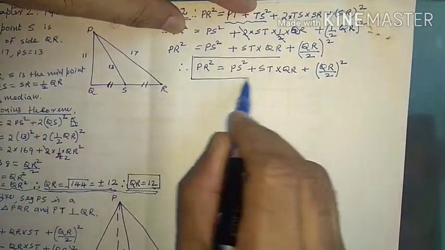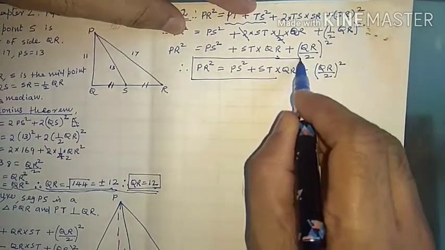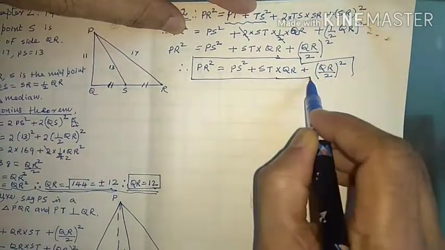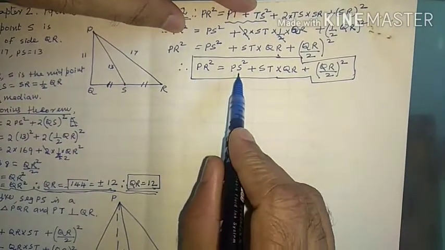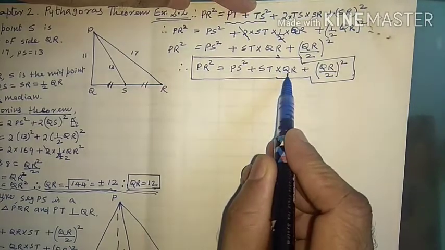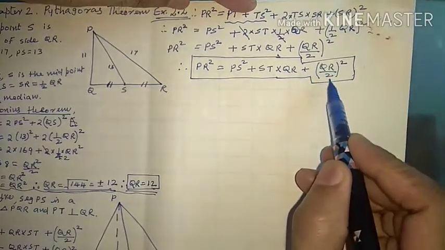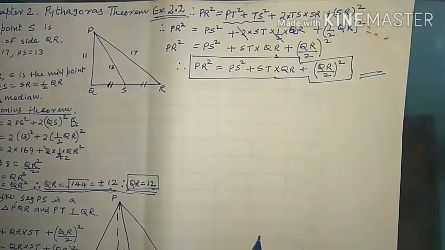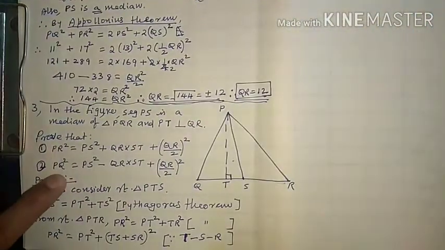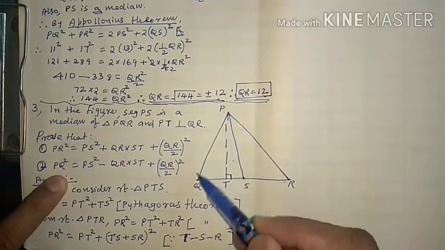This is our first result to prove. Now the second result we want is PQ square.